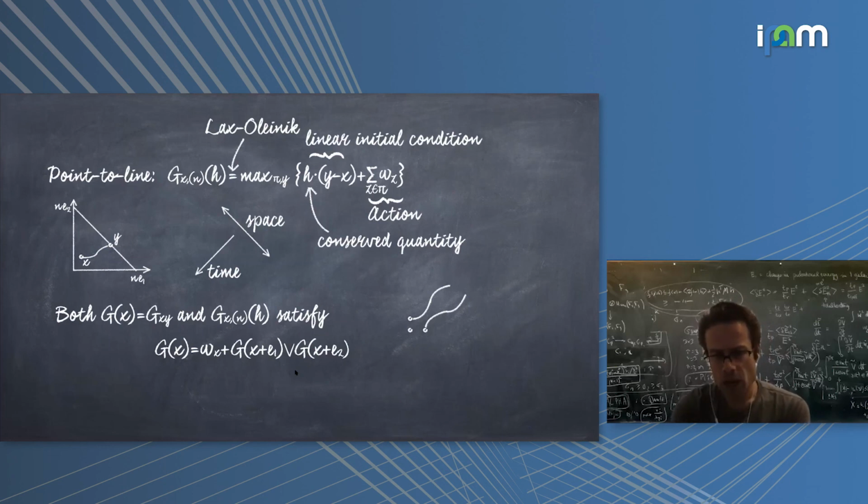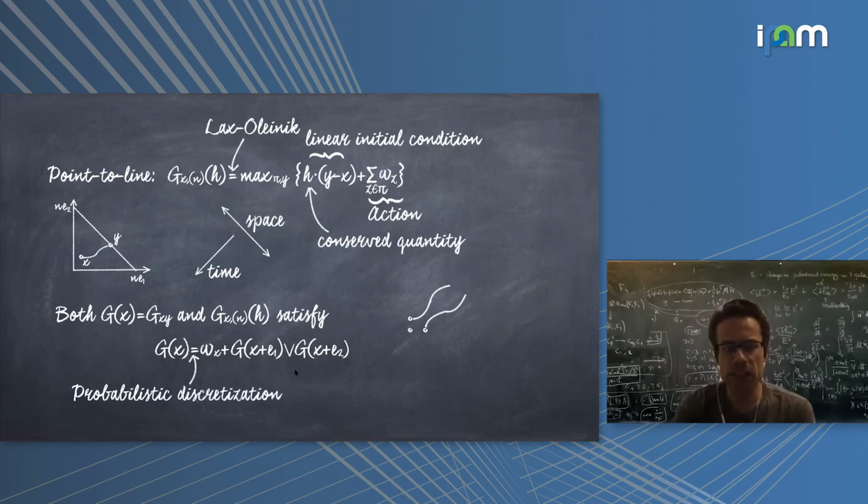Okay, so you can think of this as a probabilistic discretization of the Hamilton-Jacobi equation, just because it solves this Hopf-Lax variational formula. And it even makes more sense if you think about it in positive temperature, so in polymers. That's something that Ofer explained yesterday.